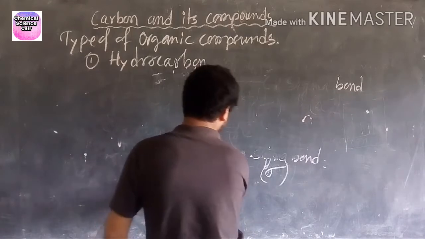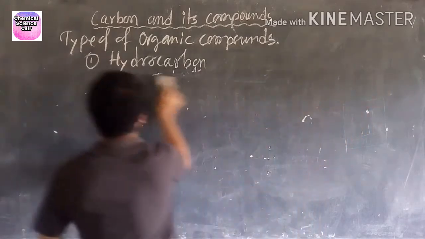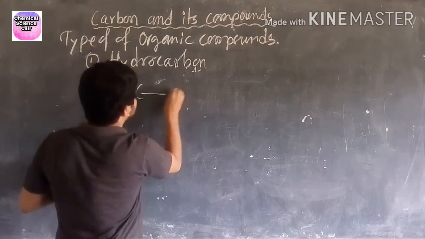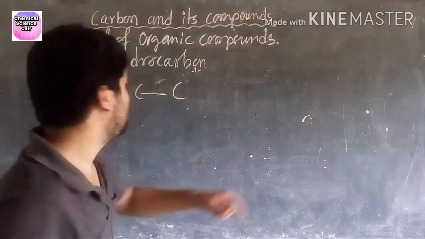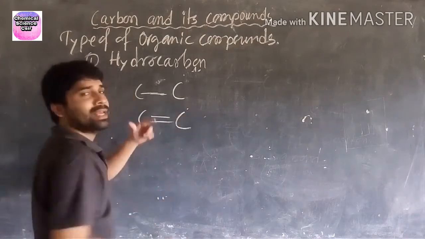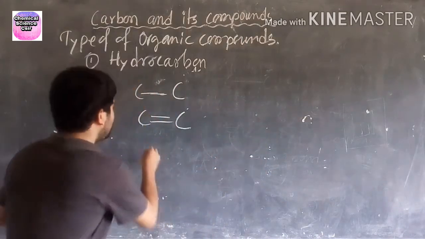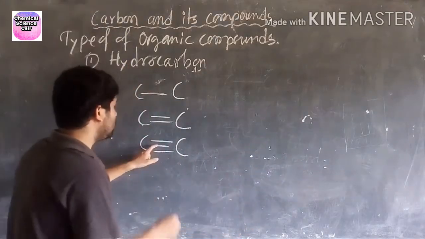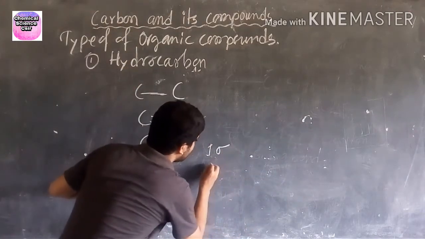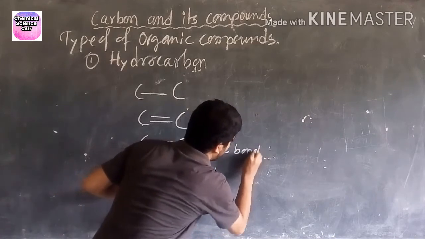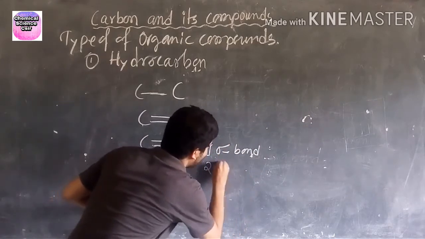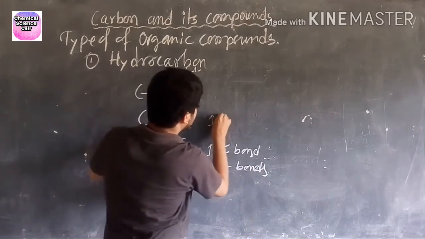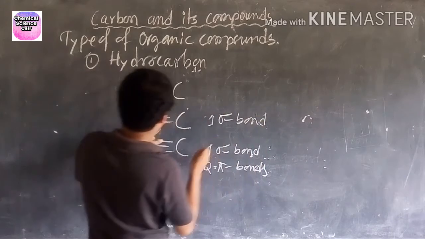Now I'll discuss this summary. If carbon carbon single bond, this is called a sigma bond. If carbon carbon double bond, here one sigma and one pi. If carbon carbon triple bond, here one sigma bond and two pi bonds.